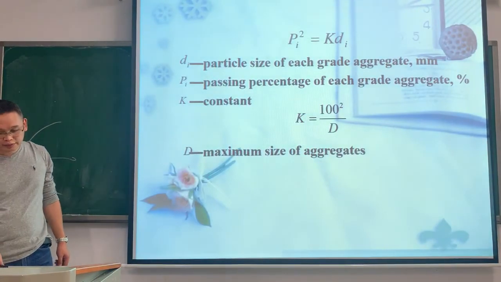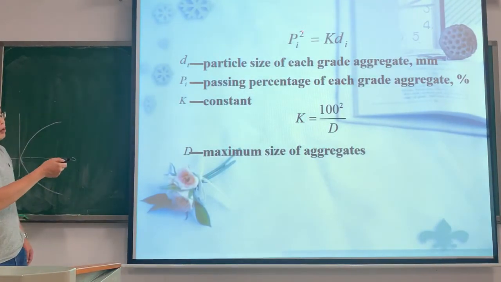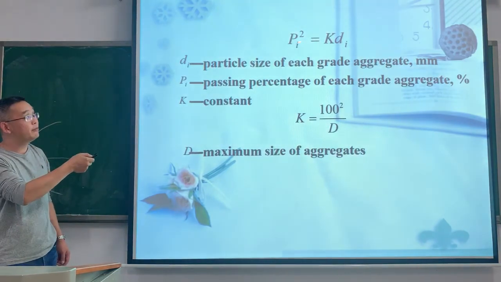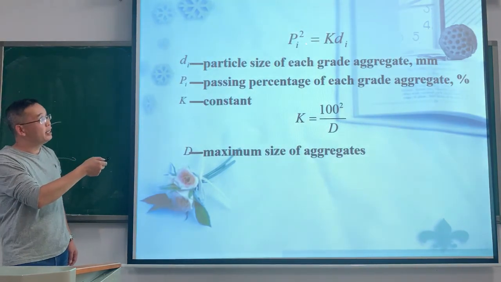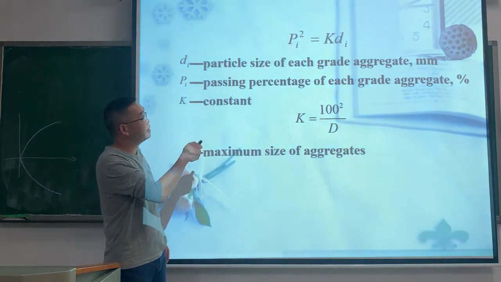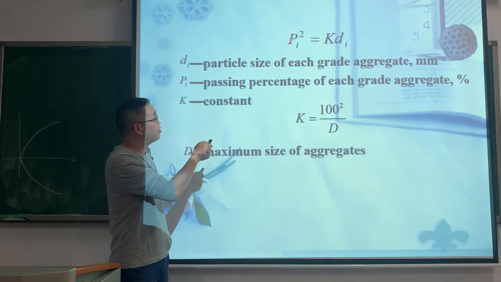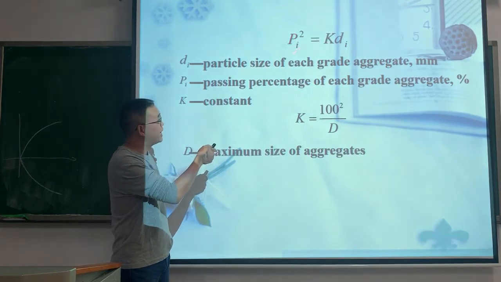So this is the formula for the parabola. This is the passing percentage of each size. This I means the size of the aggregate.